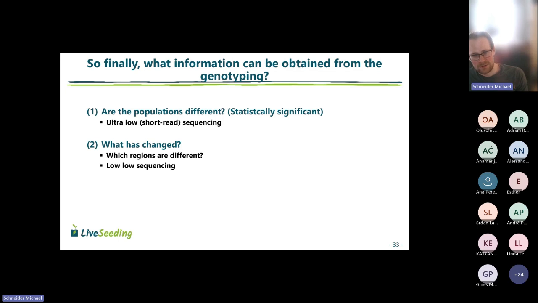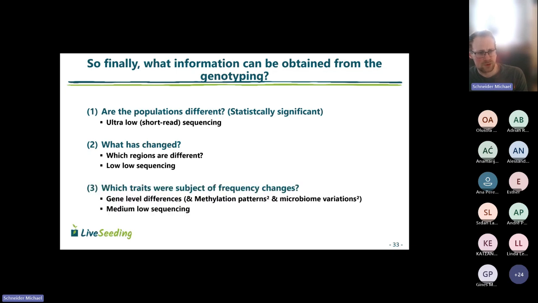On a second level, you might wonder, okay, what has actually changed? So which regions are different? We have seen this picture of the chromosome scale linkage blocks. This is something we would be able to see with this low sequencing approach.